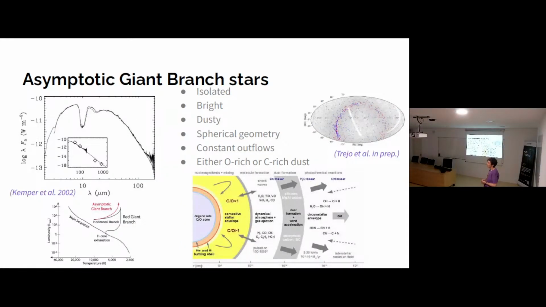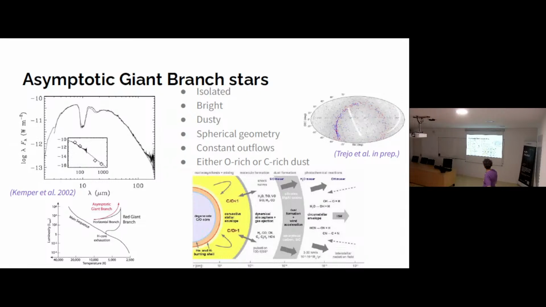An important component of the stellar content of the Large and Small Magellanic Clouds, especially if we talk about dust emission, are the asymptotic giant branch stars. So what are they? They are evolved stars. Here is a Hertzsprung-Russell diagram, and you have the main sequence. It's a very schematic drawing here.